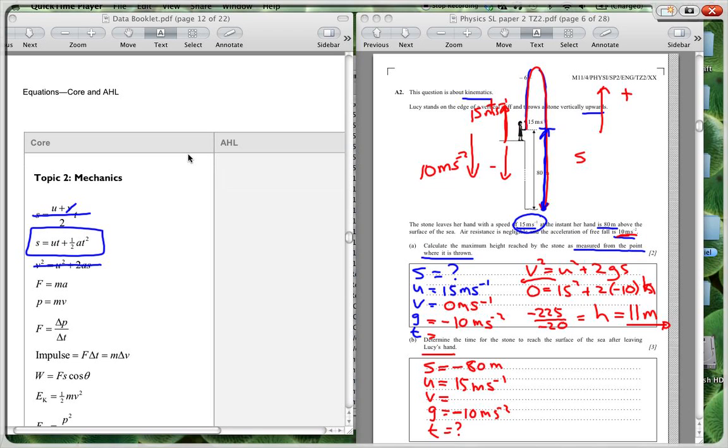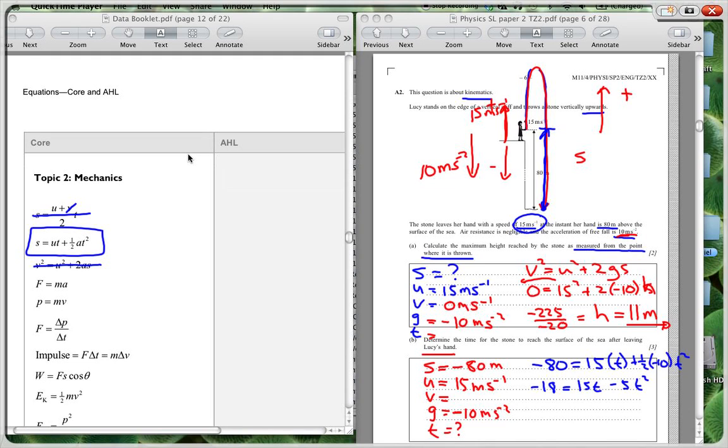We're going to get minus 80 is equal to ut. So that's going to be 15 times my time plus a half times minus 10 times t squared. So I'm going to get minus 80 is equal to 15t minus 5t squared.